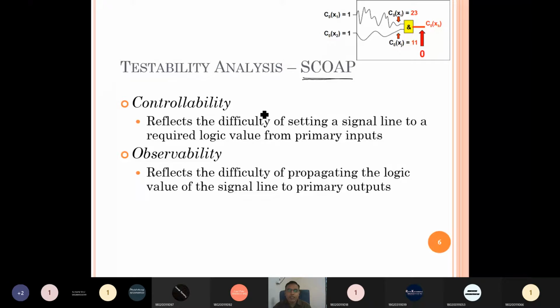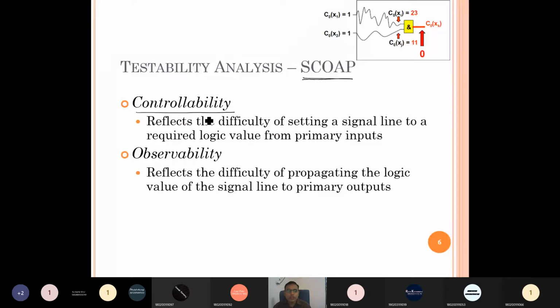Like if we are analyzing any electronic circuit, our output will be either the voltage at any node or the current passing through any component. Similarly, in this testability analysis our output is the difficulty level to set an internal node with any desired logic value. It is called controllability. And the difficulty level to observe any internal node at the primary output is called observability.